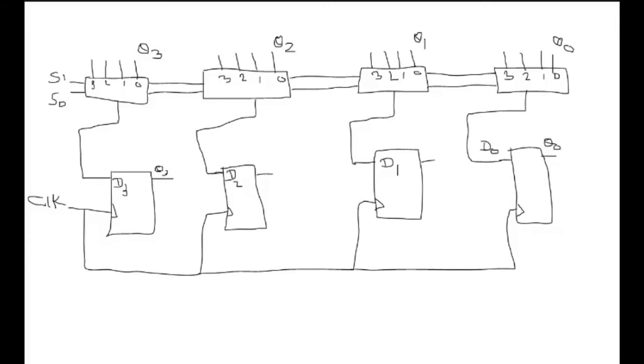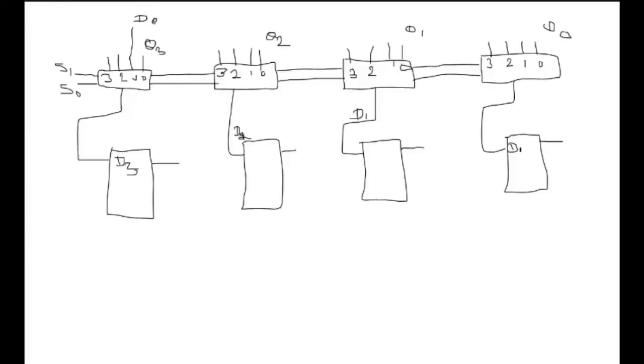So for the leftmost pin we will be providing the shifting input DR, because 0 1 is my shift right operation. This DR will be connected to D3, and then Q3 should be connected to D2 for the 0 1 case, then this will be my Q2, and this will be Q1.